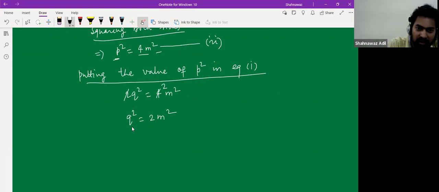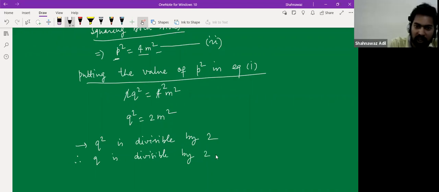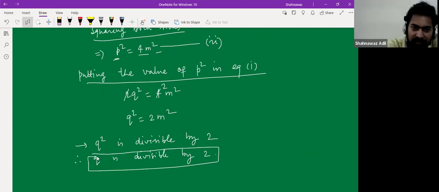So we can say that q square is divisible by 2, which means that q is divisible by 2, right?